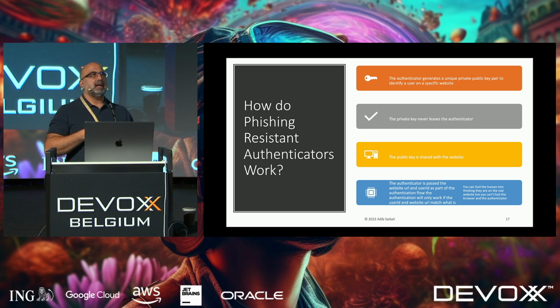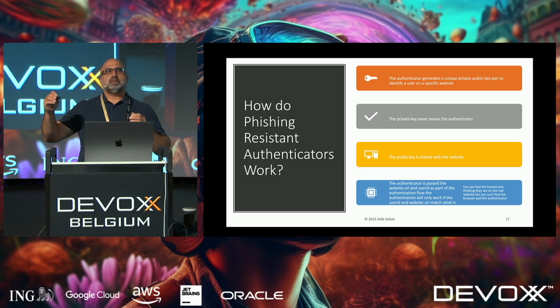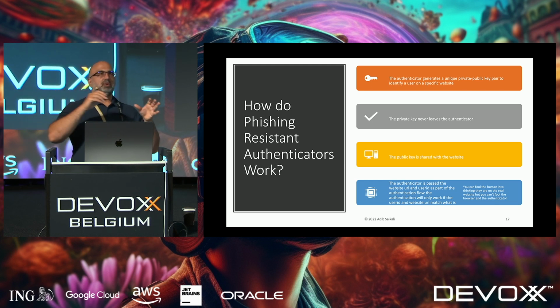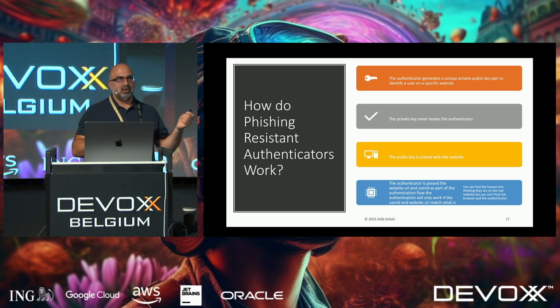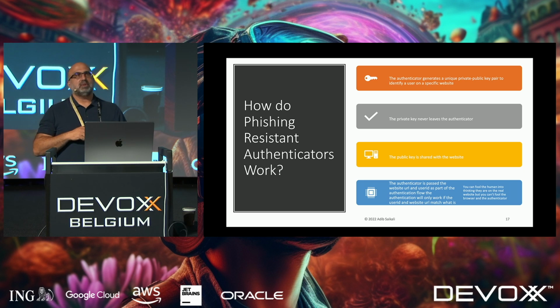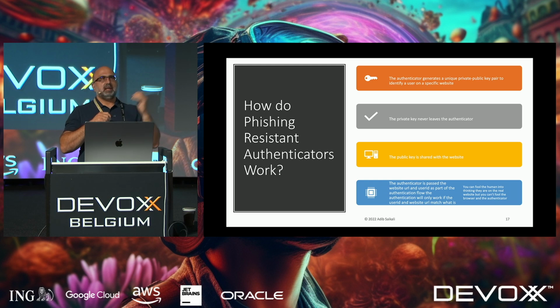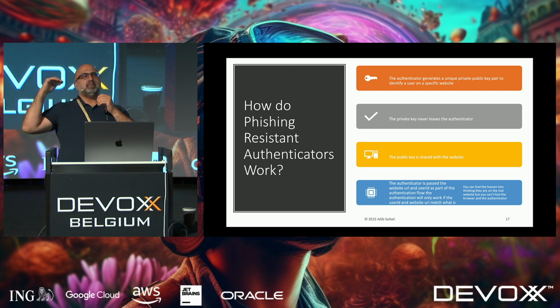So when you go to a website and say, hey, can you please log in with Passkey, it's going to send a challenge to the authenticator. The challenge includes the URL of the website you're on, but you don't enter it. The actual browser is passing the URL to the authenticator. And so the authenticator will say, I'm going to search my database. Do I have a private key for this particular website and this particular public key?